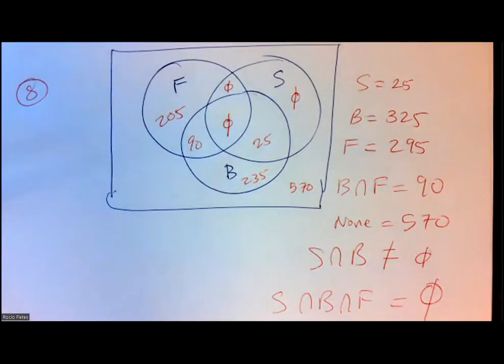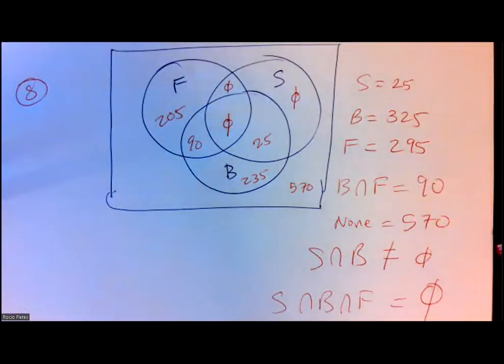Let's see, make sure that I am counting right. It should be 1,100. It should be 1,100. So let me count again. So 205 plus 90 plus 235 plus 25 plus 570.